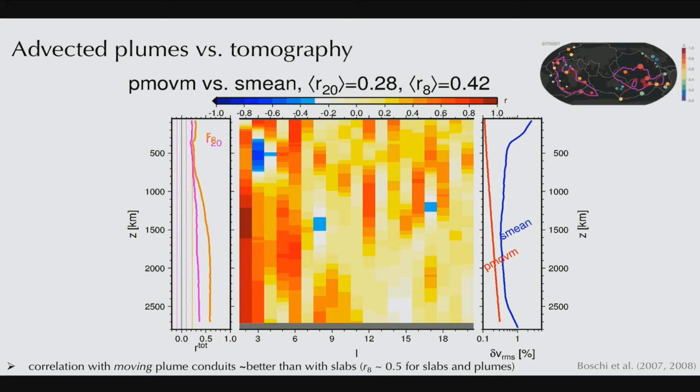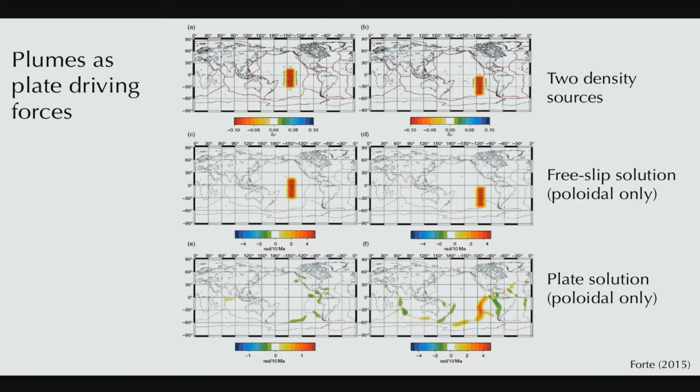There should be no reason for tomography to see them, but perhaps if they're thermochemical, as others have argued, including Barbara and the Princeton group, we should be seeing that. But just on face value, doing the same correlation analysis, right, the case is much stronger for plumes in the lower mantle, continuous to some hotspots, than it is for slabs. Just something to mull over.